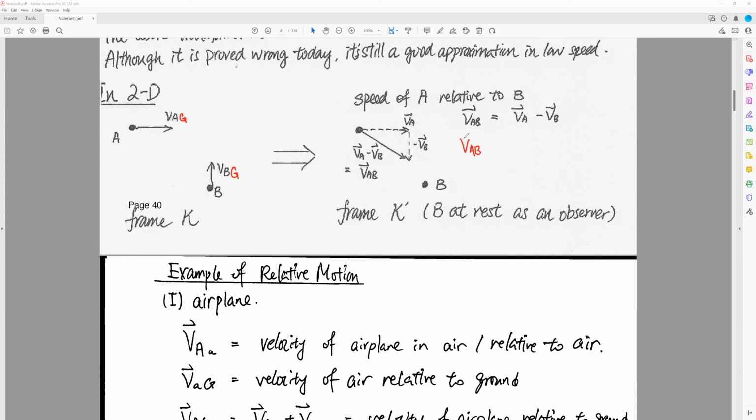And actually this form is not difficult to understand. You're just saying that the velocity of A relative to B is the velocity of A minus the velocity of B, if these two are all measured on the ground.